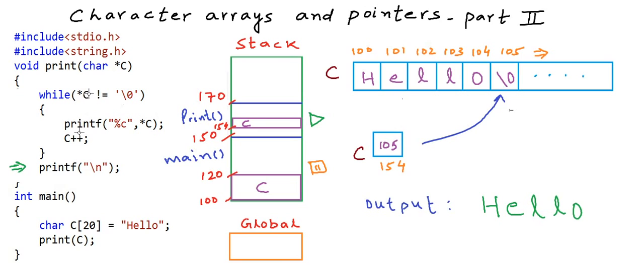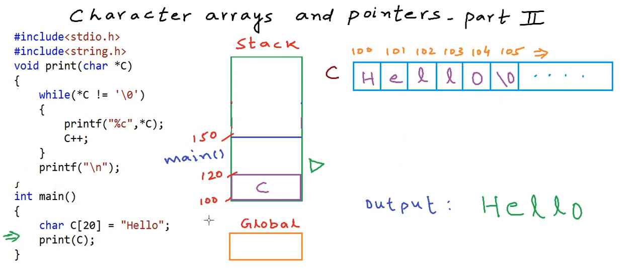We will come to this statement to print an end of line, and the execution of print function will finish. So this particular stack frame for print will be cleared from the stack, will be deallocated, and now main will resume and finish. So with pointers we should always know what's going where in the memory.